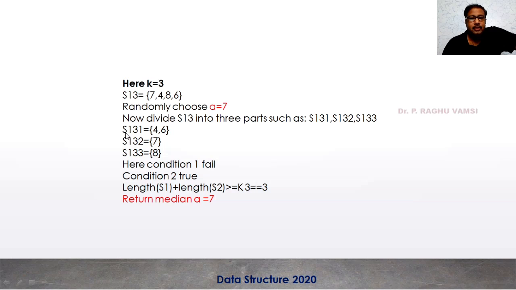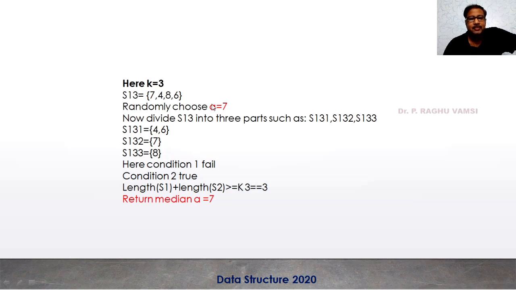Now check whether the condition length of S131 is greater than K or not. So the first condition will fail. Now, is length of S131 plus length of S132 equal to K or not? Obviously the condition 2 is true.